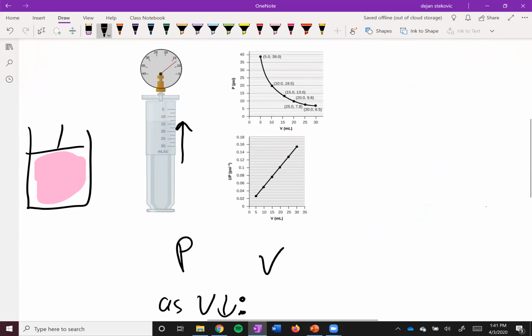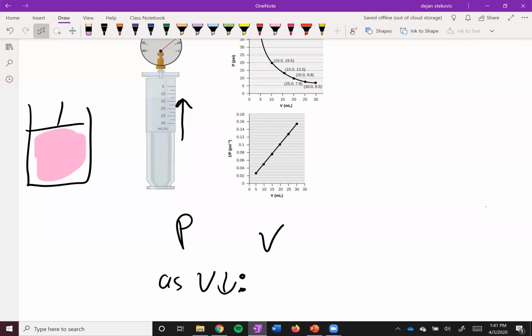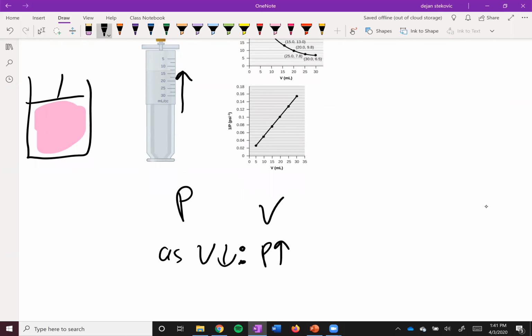But if you think about what's happening to the molecules, now you're squishing the molecules in a smaller amount of area. So you're going to have more and more collisions with the wall and with each other. And so those collisions with the wall will cause an increase in pressure. So as volume decreases, pressure increases, and vice versa. If volume increases, pressure decreases.